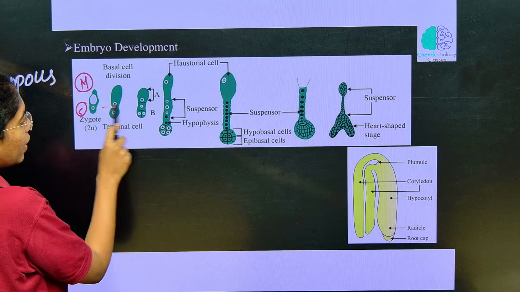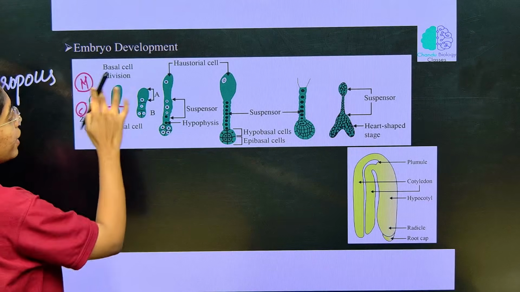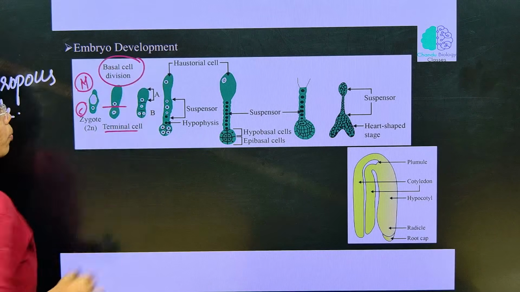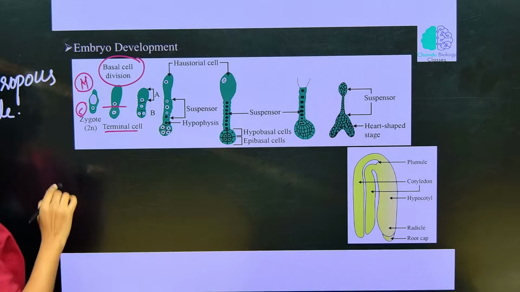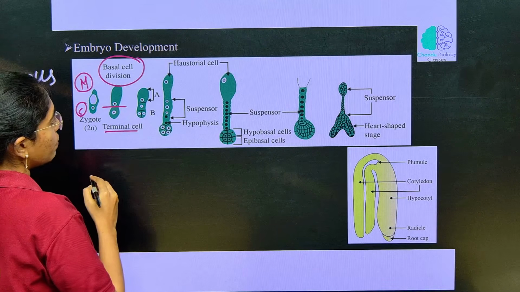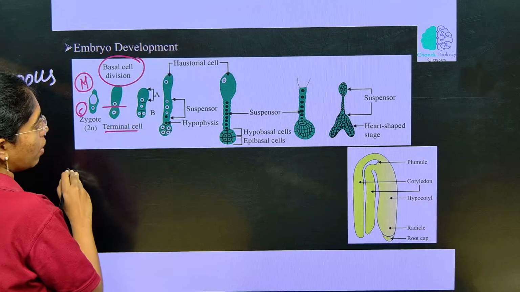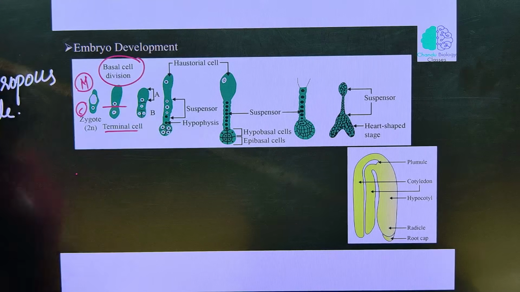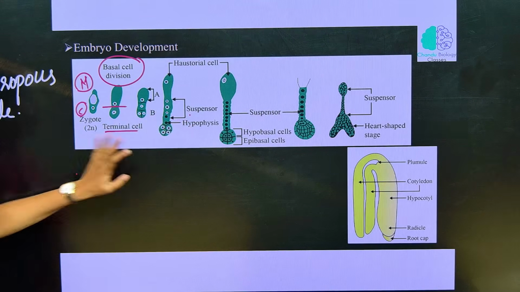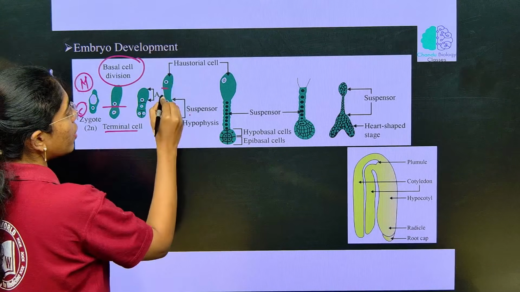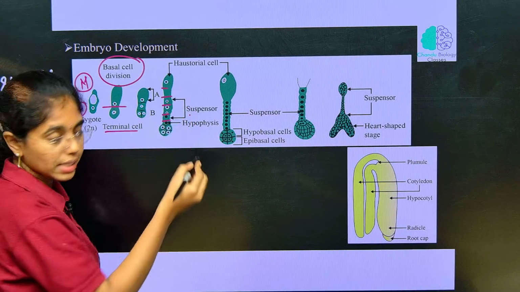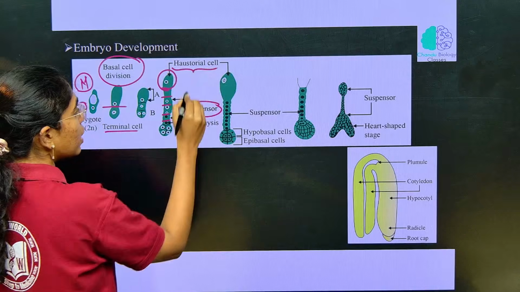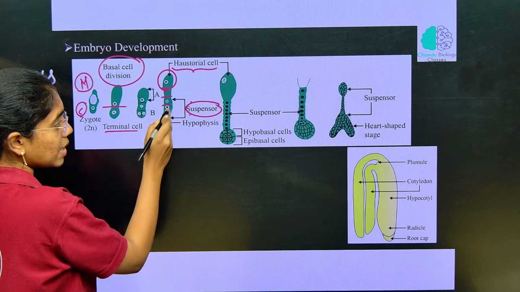Here one zygote, which is a single cell, will undergo first transverse division and it divides into two cells. Towards the chalazal end, the terminal cell is formed, and towards the micropylar end, the basal cell is formed. And here you see successive transverse divisions of basal cell and terminal cell. The basal cell will continuously undergo division, with transverse divisions forming 8 to 10 cells, and it forms the suspensor.